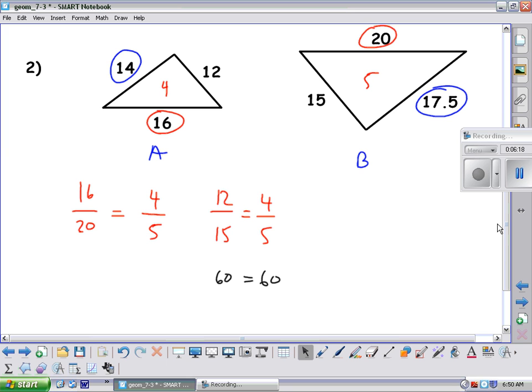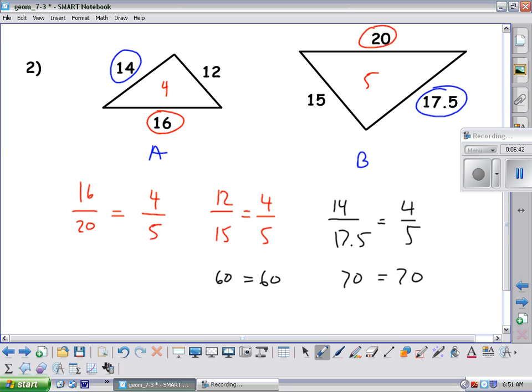So now let's check the last one, which is 14 to 17.5. Does that equal 4 to 5? Okay. Let's see. 14 times 5 is 70. And 4 times 17.5 is 68 plus 2 more is 70.